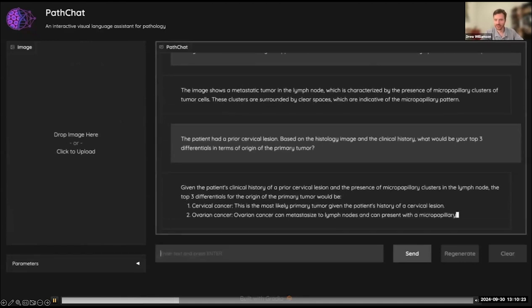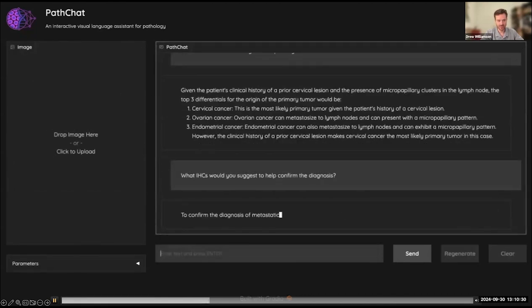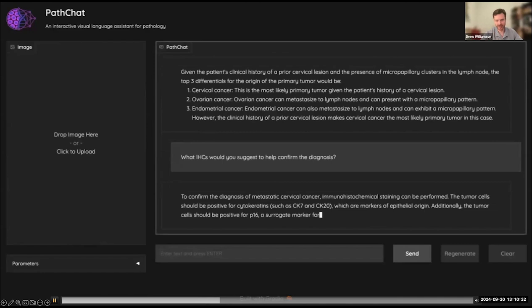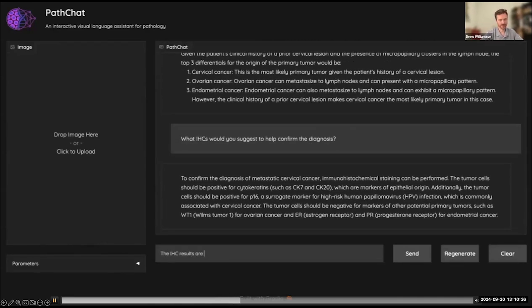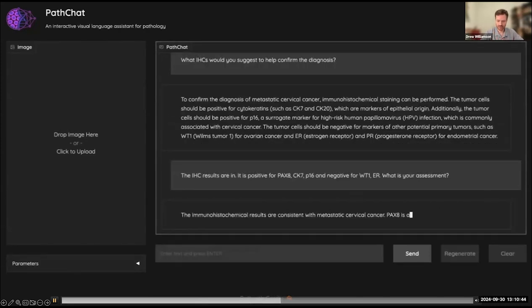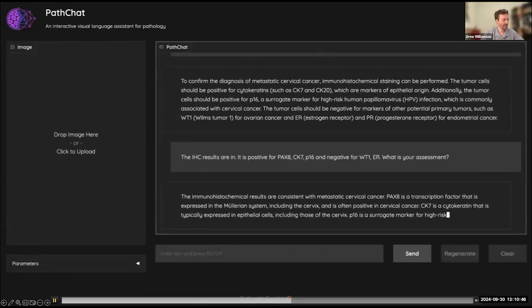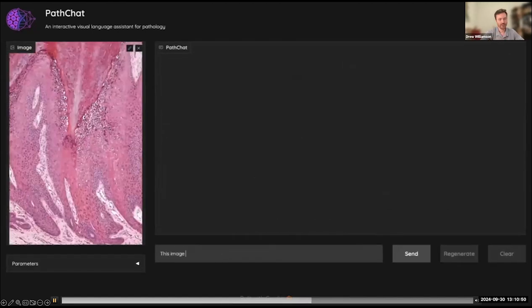And that's what I want to chat with you about today. I'll just let this video play a little bit, but suffice to say it performs some of the functions you'd expect from ChatGPT. We can add images and ask the model to describe what's in the image. We can also submit text queries, and the model understands pathology in general through the way we trained it, and remembers the image you put in and previous queries.